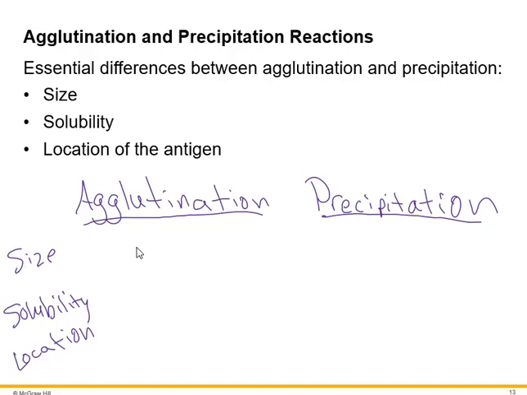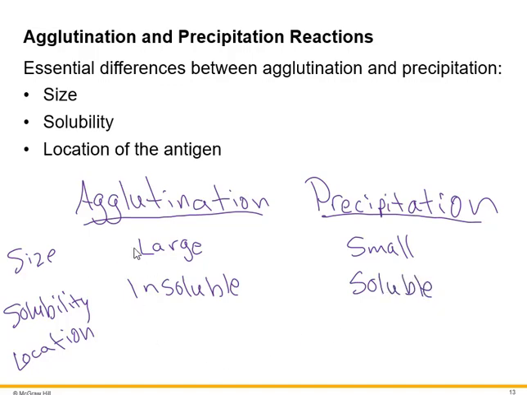Size-wise, agglutination is going to be larger. Precipitation is going to be smaller. And agglutination is going to be insoluble, whereas precipitation is going to be soluble antigen.